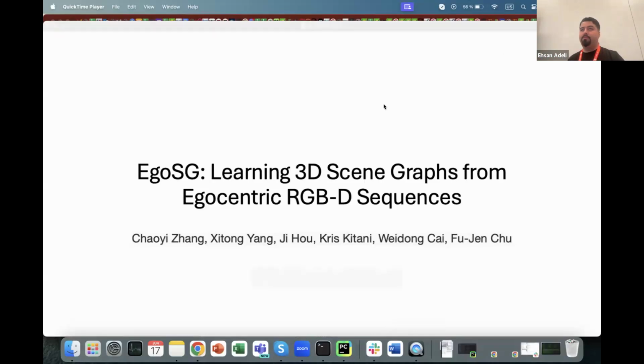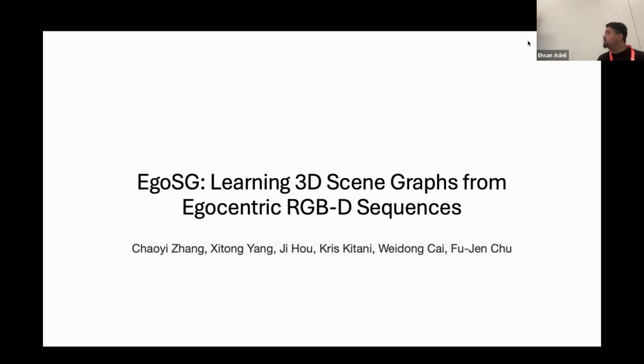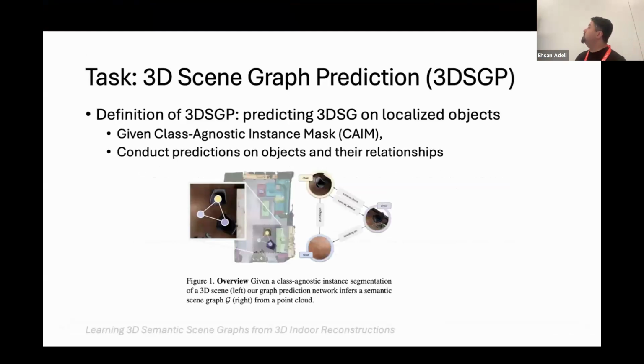Hello everyone. Today we present our work, Ego-SG, learning 3D scene graphs from ego-centric RGBD sequences. In this paper, we focus on the task named 3D SGP, 3D scene graph prediction.